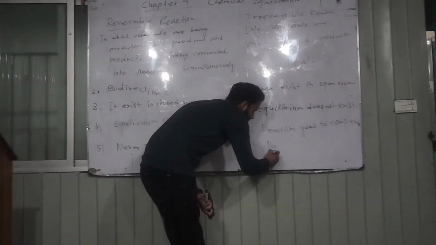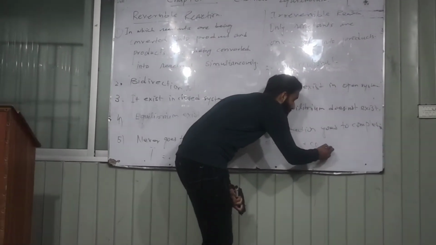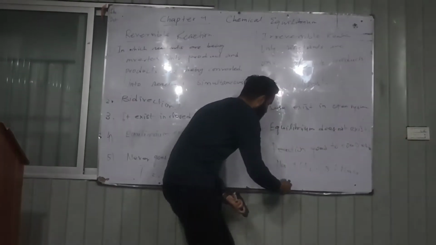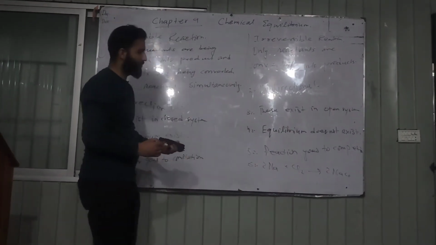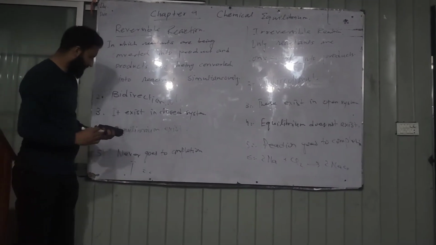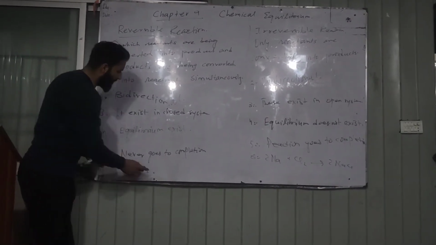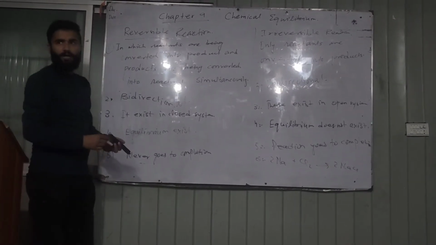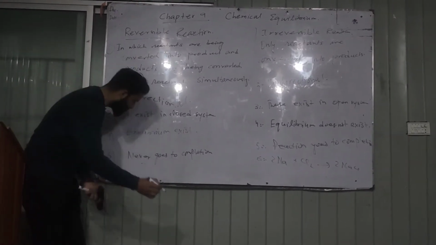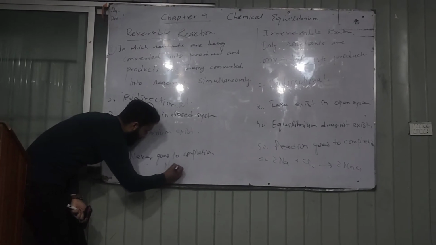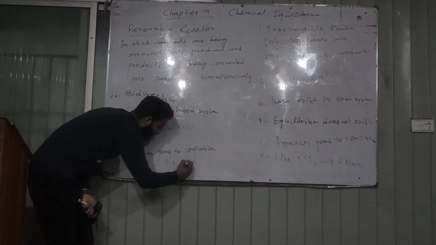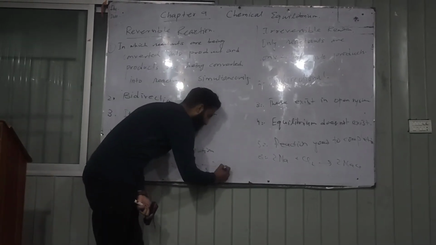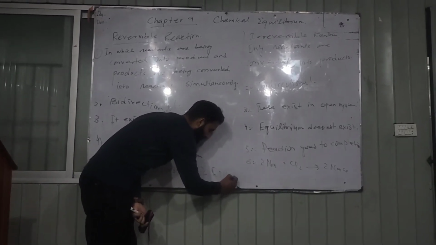Na reacts with Cl2 to produce 2NaCl. You can balance these equations yourselves. For reversible reactions, you can give examples from your textbooks or from any other source. I'm going to write here one famous example: N2 plus 3H2 gives 2NH3, the preparation of ammonia by the Haber process.